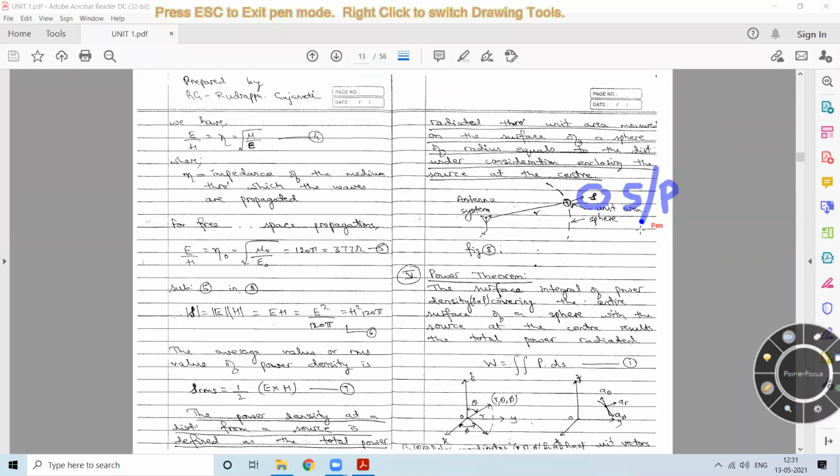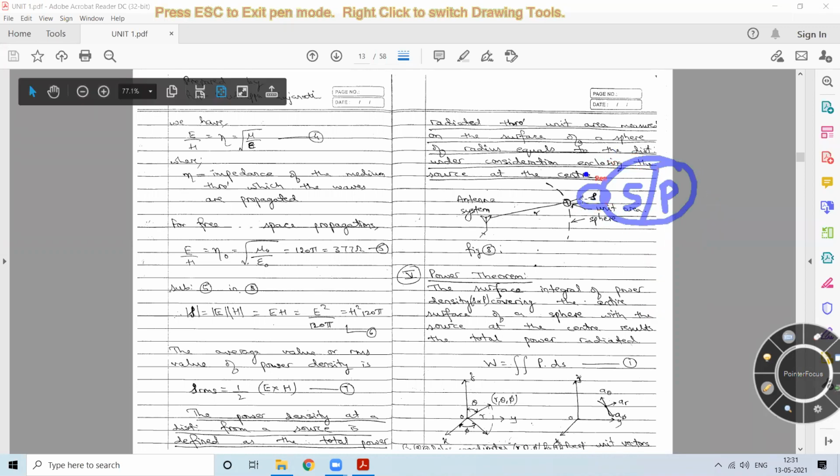If we measure the power flow through this unit area, I'll get the power density we represented as S or P. Now, if I take the surface integral of this power density, I'll get the power theorem.